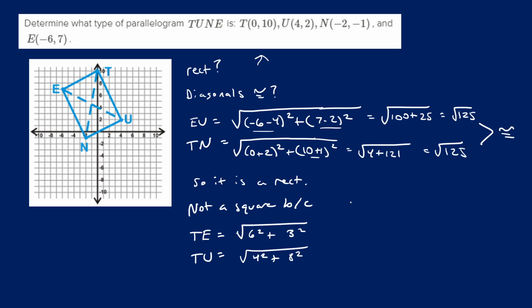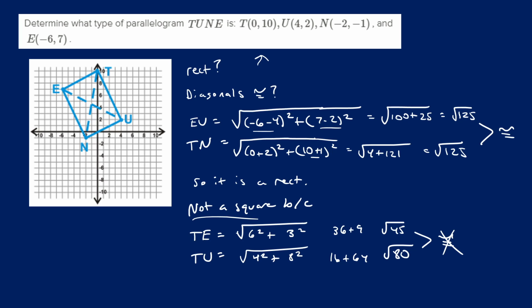Okay, and when you do that out, you can see these are going to be different. 36 plus 9 is 45, and 16 plus 64, that's definitely not 45, that's 80. These are not congruent, and so that tells you it is not a square.